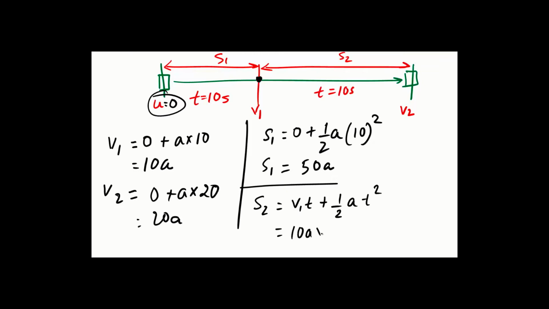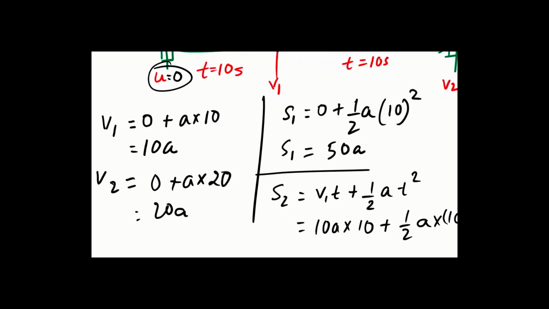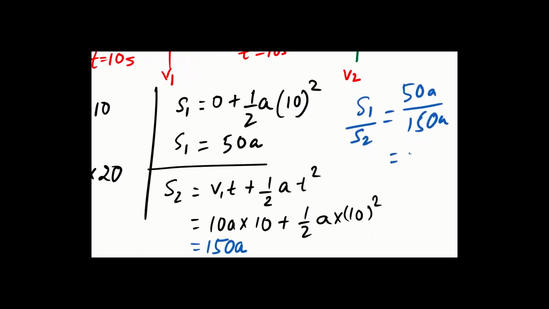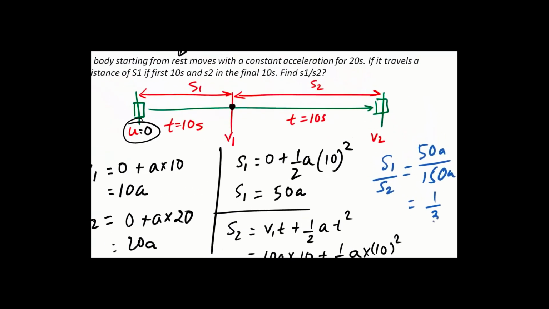So 10a and t is already 10 seconds, plus half into a into 100, that is 10 squared. So this comes out to be 150a. So that gives us our answer. s1 over s2 equals 50a over 150a. That will be equal to 1 over 3.